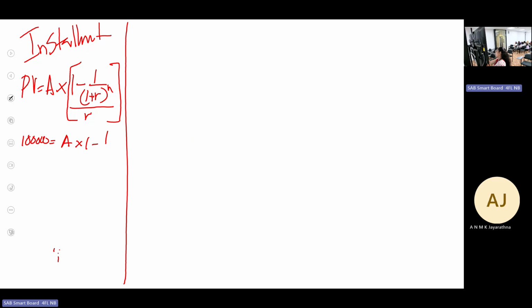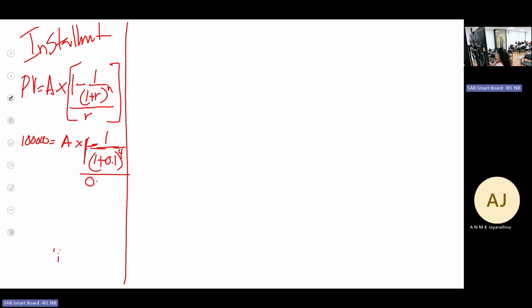1 minus 1 divided by 1 plus, what is the R? 0.1. How many years? 4 years. Divide by this one, entire answer.